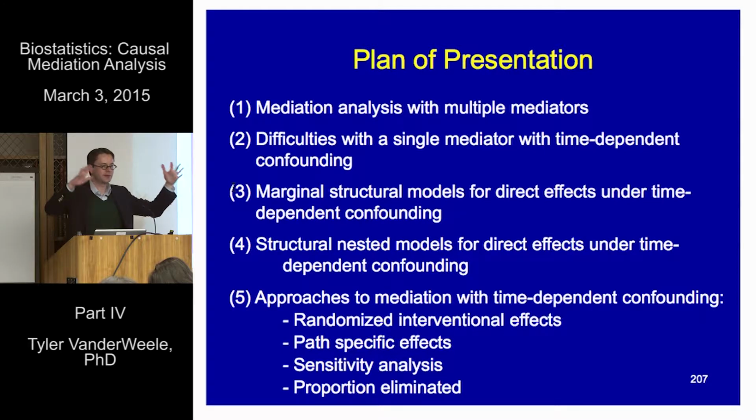One set will be, we now have multiple mediators and we're interested in the effect mediated through all of them together. And that's actually going to be very straightforward, pretty simple extensions of ideas we've already seen. The second setting is we have multiple mediators, but we only want to do mediation with respect to one of them, and that one we're interested in is downstream from some of the other mediators.